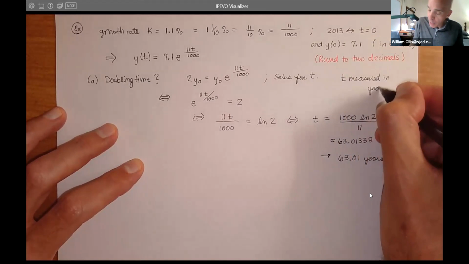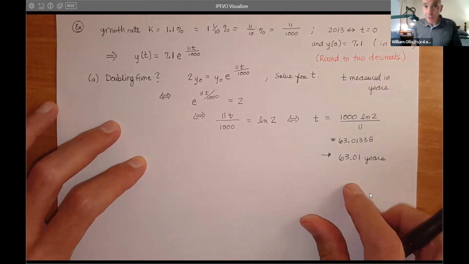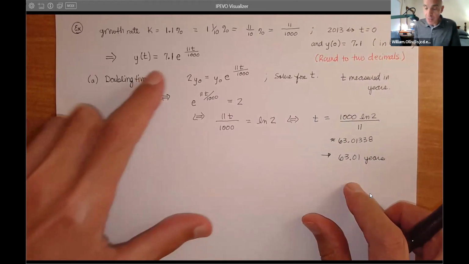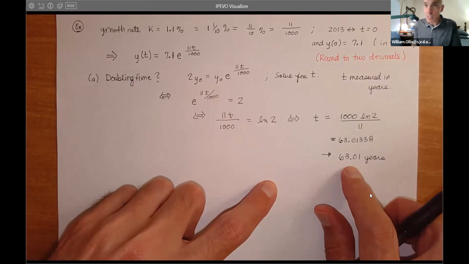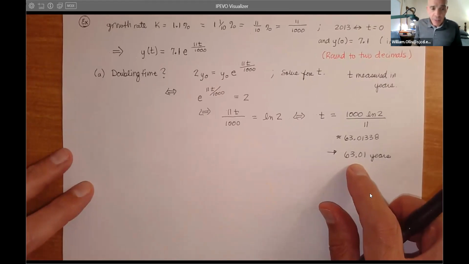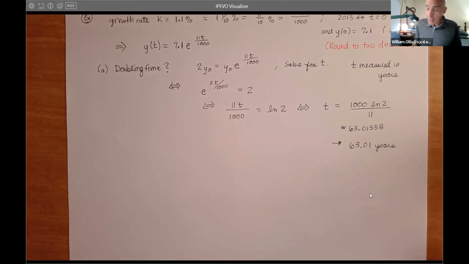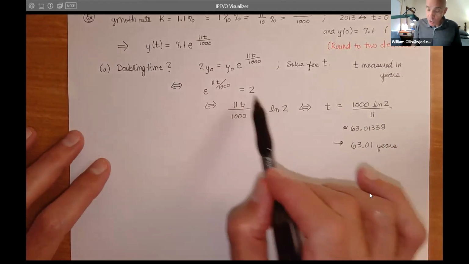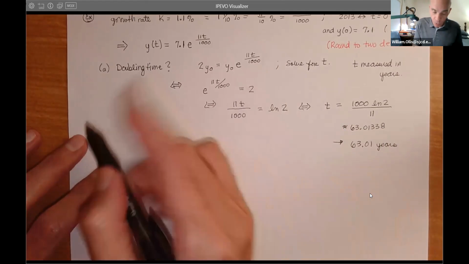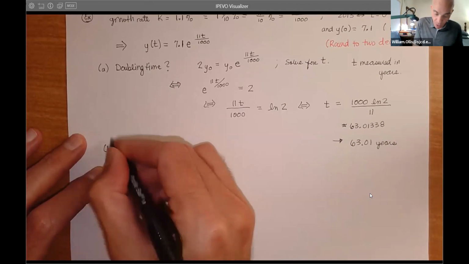So by this model, the doubling time for the population, if we're thinking of a world population, would be this many years. Now, again, if you wanted to do the tripling time, the equation would just change to a 3 over here. So let's just write that down and quickly write an answer.